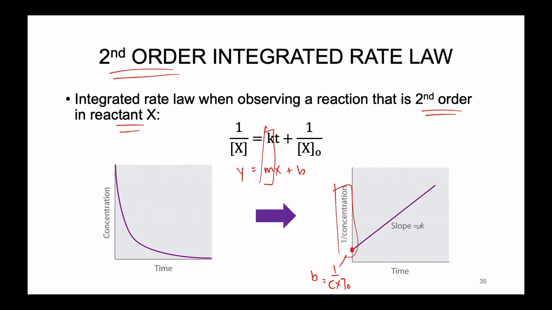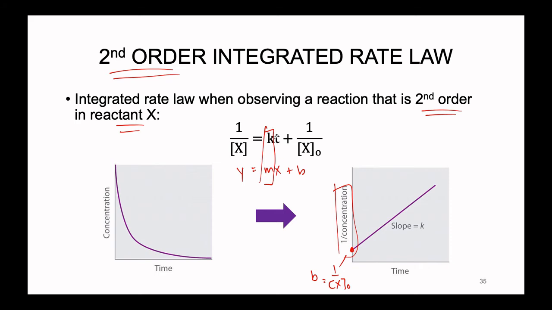And if you want to know the concentration of your reactant at any point in time, we can use this second order integrated rate law to find what that concentration is. So we can use this equation in the exact same way as the first order integrated rate law equation that we already have seen an example of.